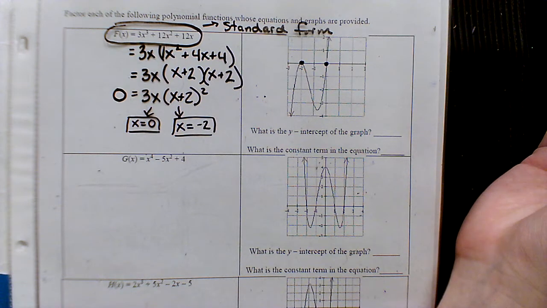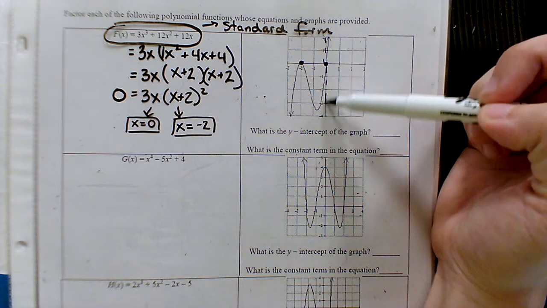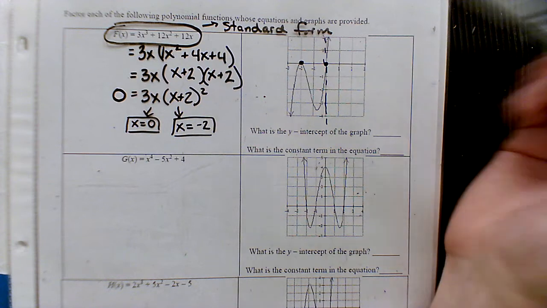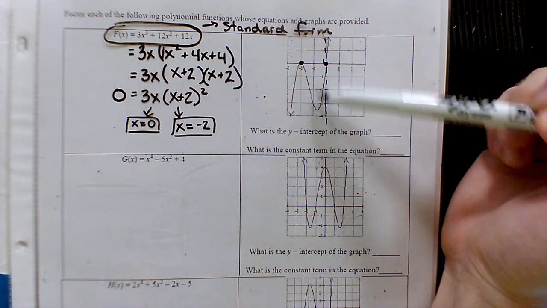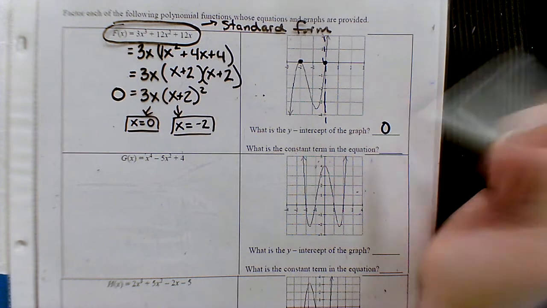Can you identify that location? Let's see, the y-axis is right in the middle. Where does that roller coaster polynomial graph cross it? Go ahead, Marie. 0, okay?